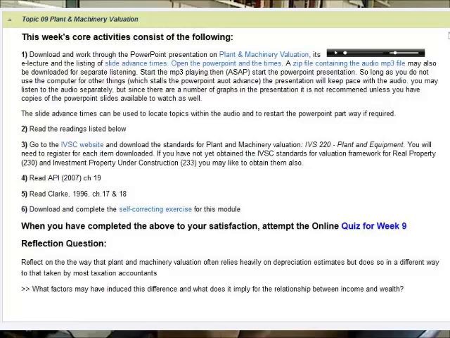This happens, for instance, in licensed premises, where you will have machinery associated with either the bar or air conditioning, or perhaps a dairy farm with all of its equipment and so on. And so being able to have a feel and an understanding of the way that plant and machinery valuation is done is very, very important. So topic 9 is an important area.